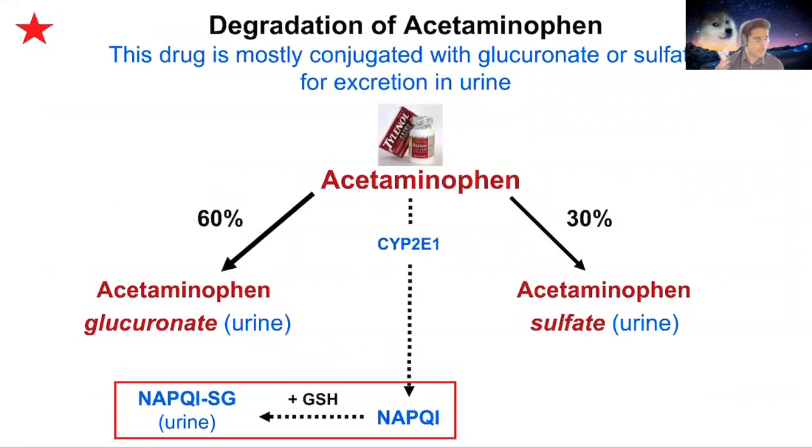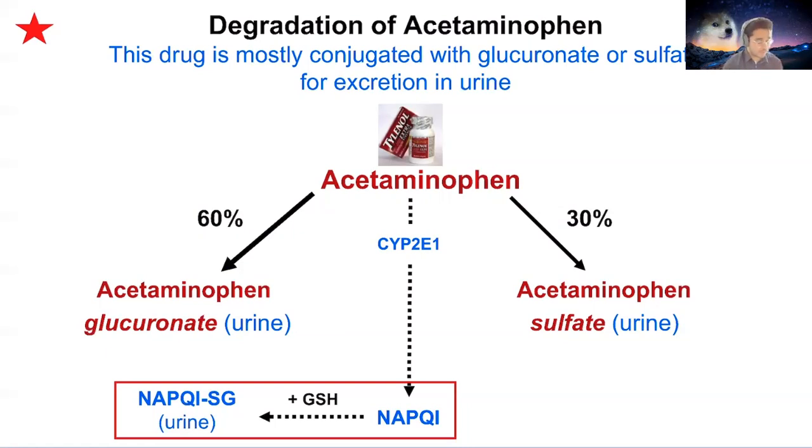Degradation of acetaminophen is normal, right? Normally, we go through either acetaminophen glucuronidation, where we add a glucuronate group to the acetaminophen. Geez, I can't pronounce words or form normal sentences. Acetaminophen can also be sulfated and can be eventually passed on into the urine.